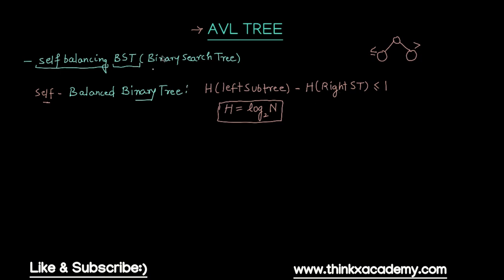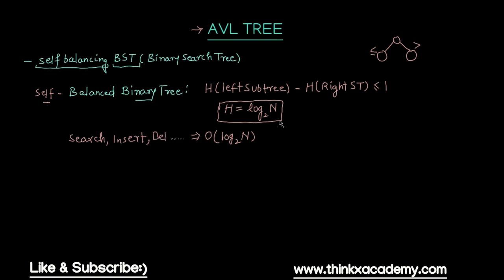This is basically the definition of the AVL tree, and the main reason we use an AVL tree is that it has a height of log base 2 n, and thus it gives us a time complexity of log base 2 n in most operations like search, insert, delete, etc.